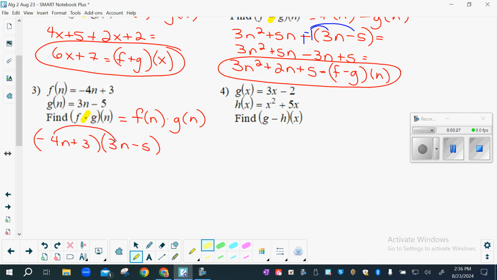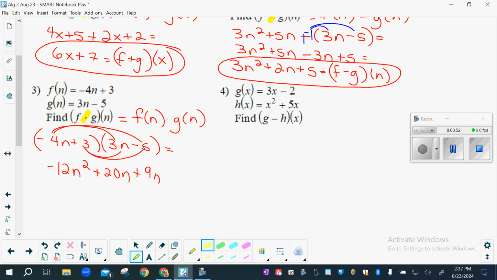So we take this one times this one. What's -4n times 3n? -12n squared. Good. And then -4n times -5 is plus 20n. 3 times 3n is plus 9n.